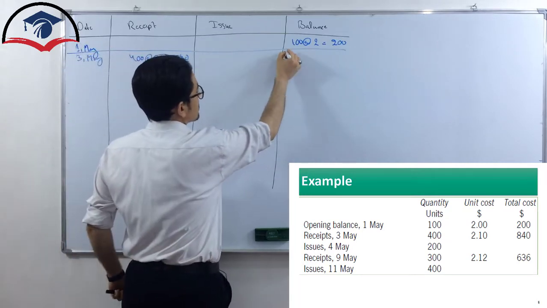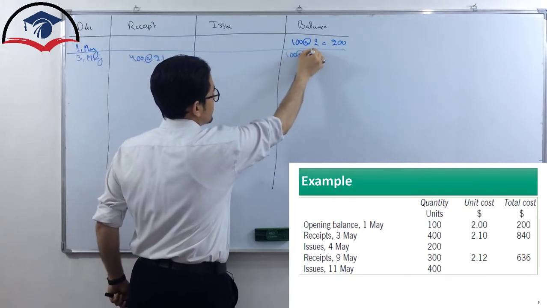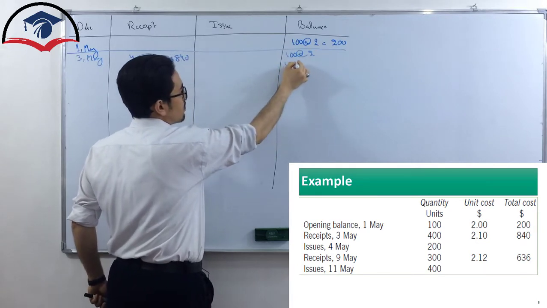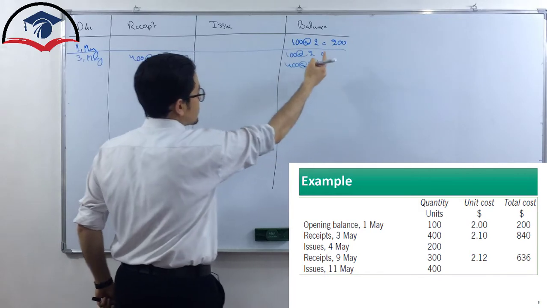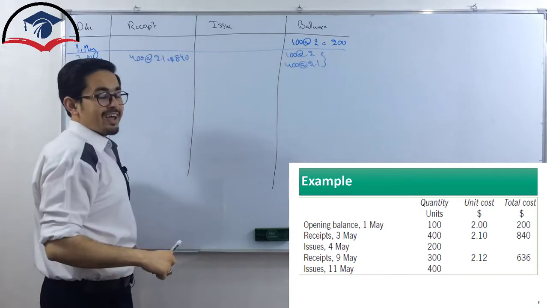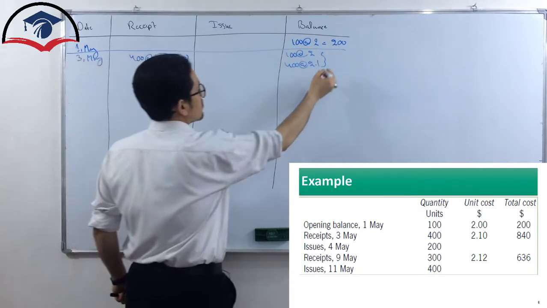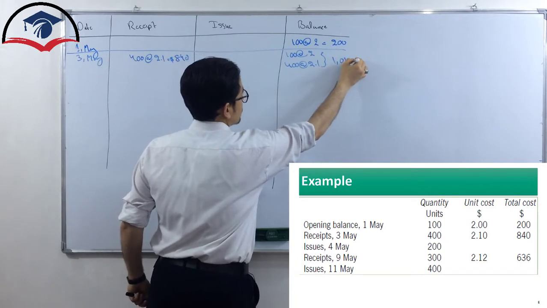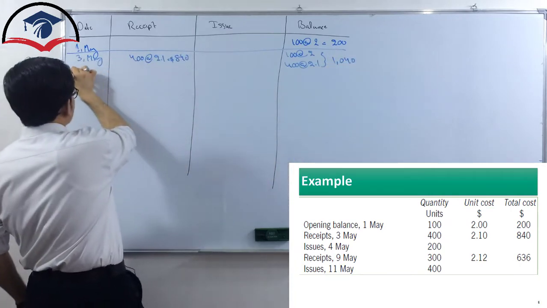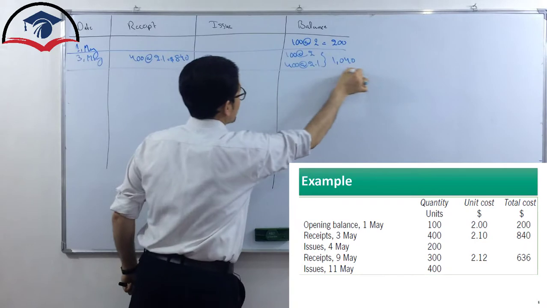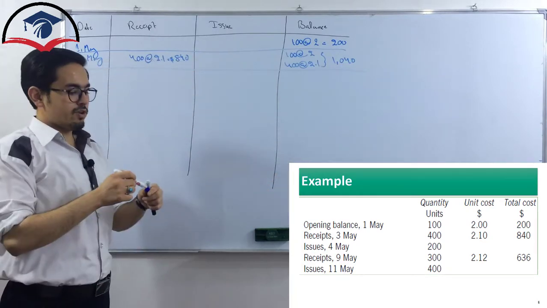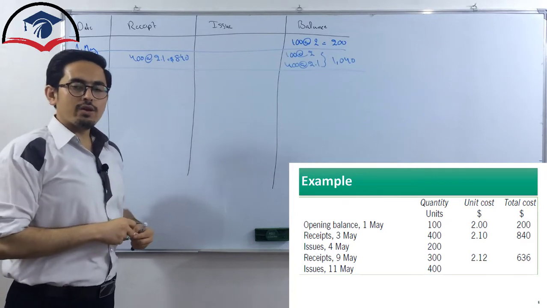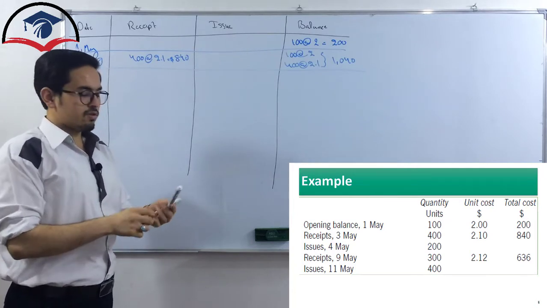We have 100 at the rate of $2, and we purchased 400 at the rate of 2.1. The total of them becomes 200 plus 840, which is equal to $1,040. This is the remaining balance at the end of 3rd May. At the end of 3rd May, $1,040 is the value of inventory in our stock.